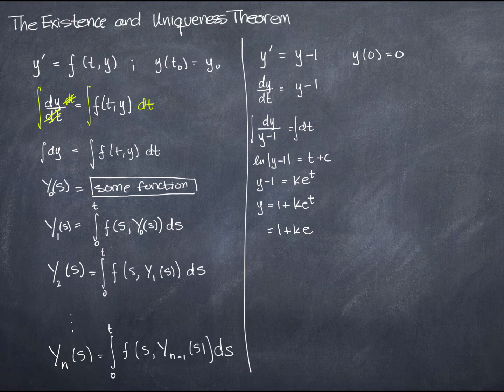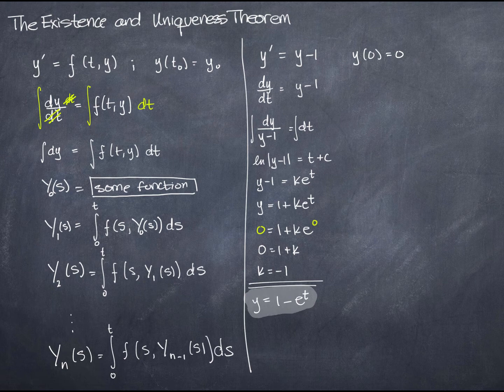I get a 0 here and a 0 here. And that gives me 0 equals 1 plus k, so k equals negative 1. And my final answer here would be y equals 1 minus e to the t. That is the solution to this initial value problem.